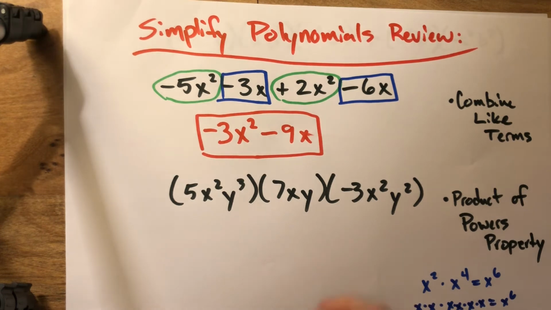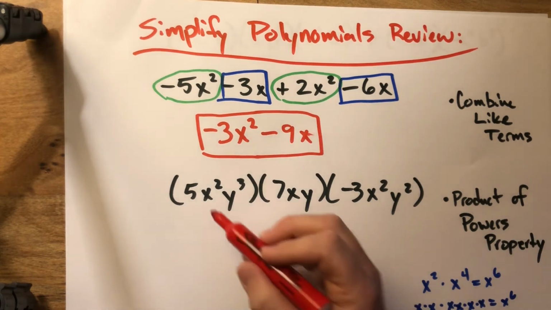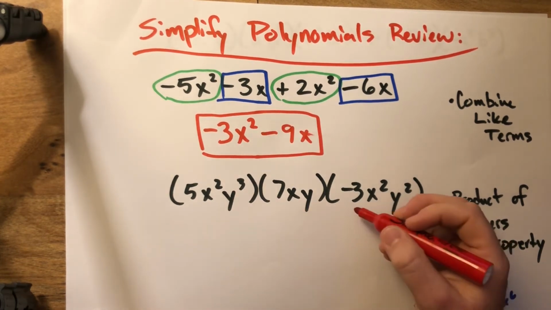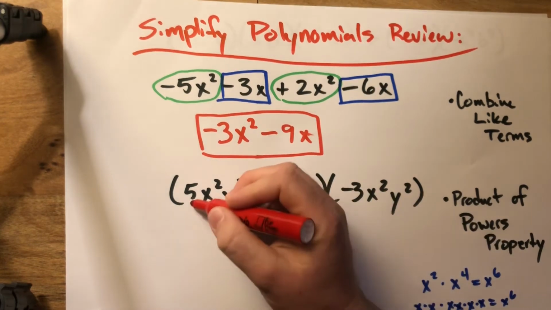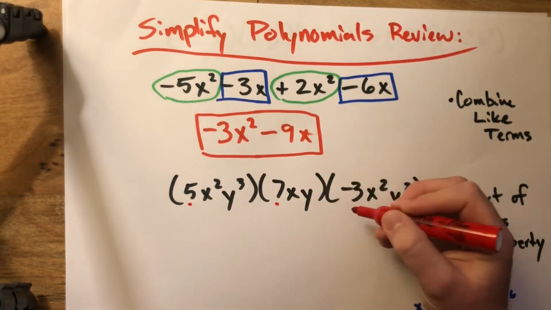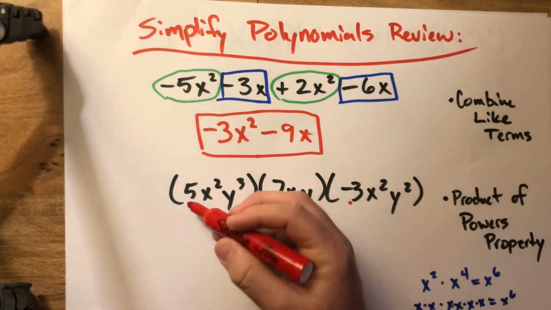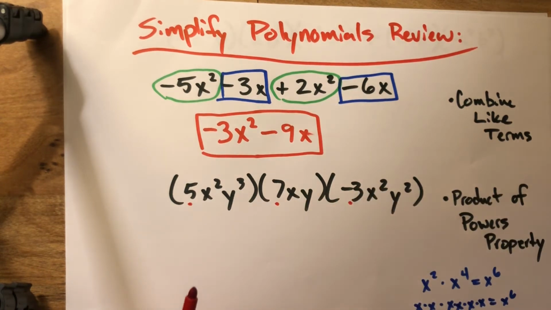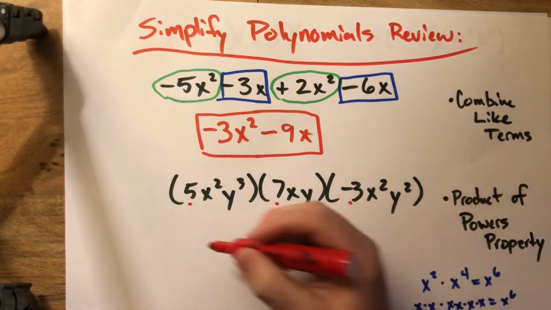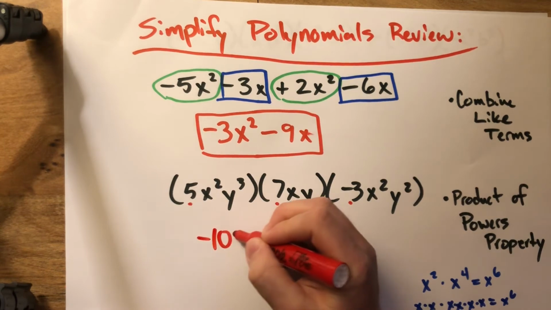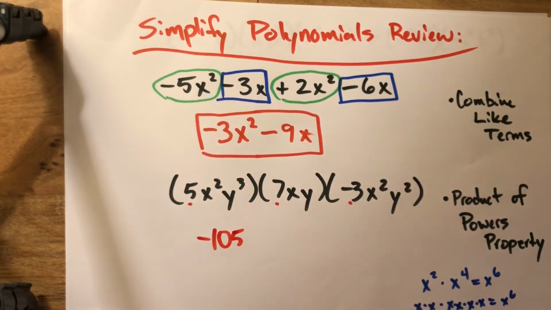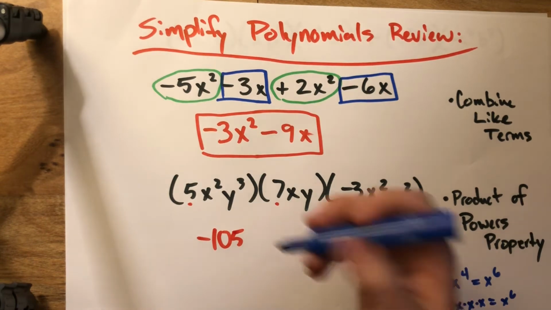Let's look at how that affects our problem here. First, start with the easy term. We're going to look at the 5, the 7, and the negative 3. These are called coefficients of the variable. 5 times 7 is 35, times the negative 3 is going to be negative 105. Now let's look at that x squared, x, and the x squared again.